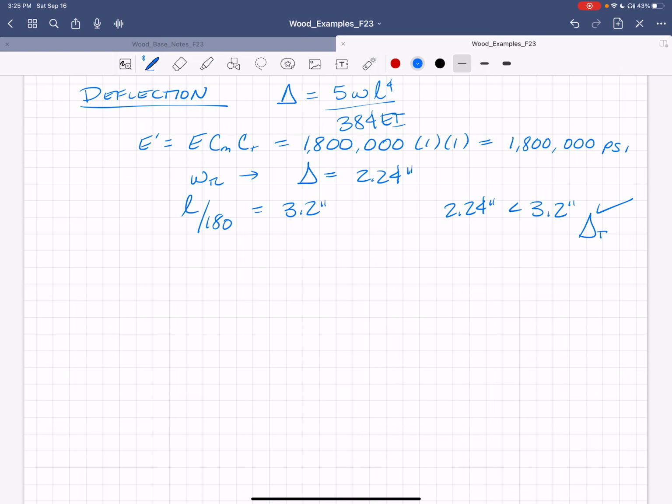Okay for a delta total. And then we need to do delta due to the live load, which in this case is the snow load. And that's L over 240, and that will give me 1.68 maximum. Just for the snow in this case.